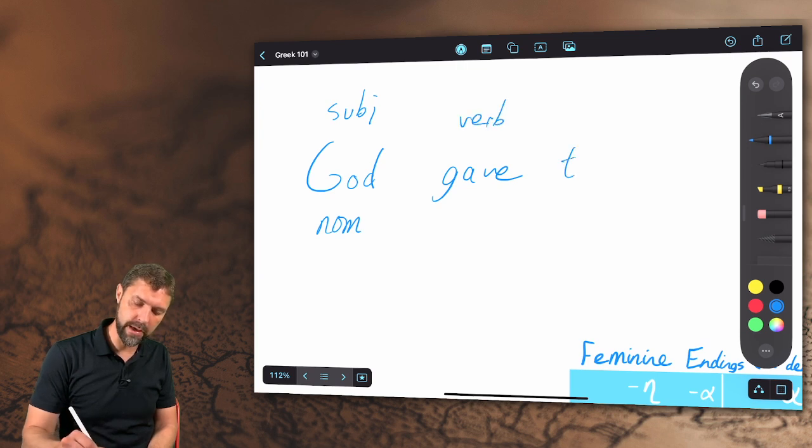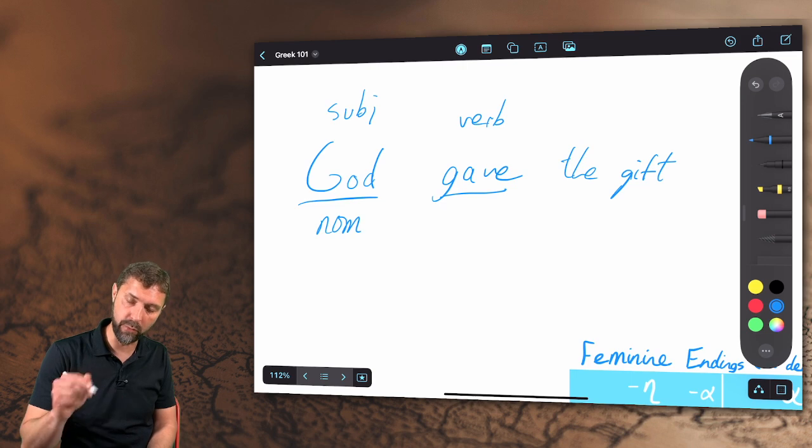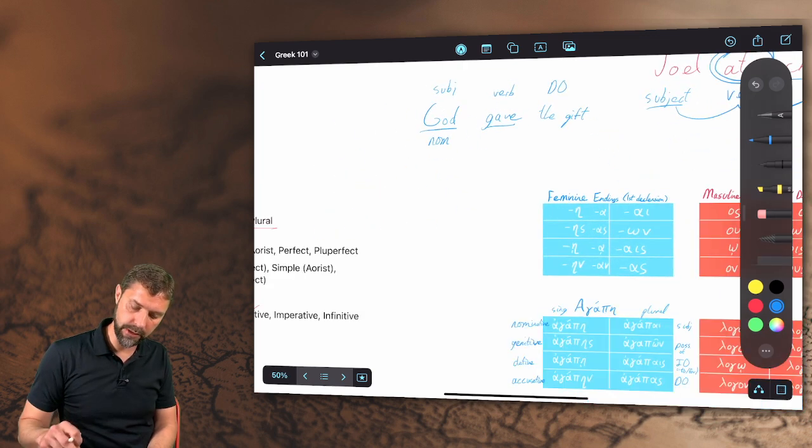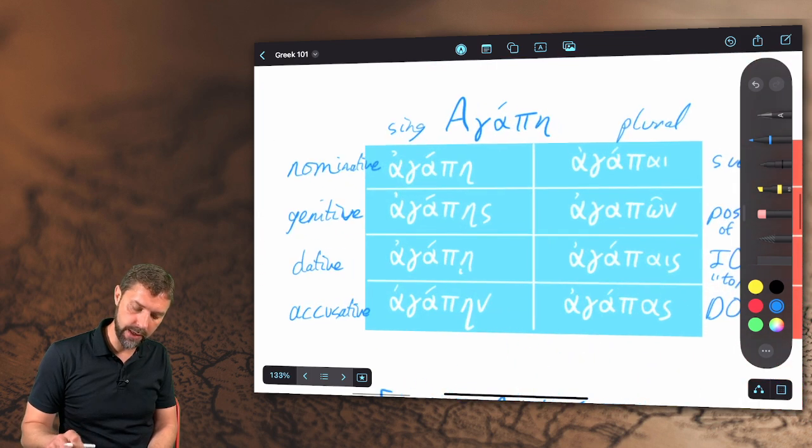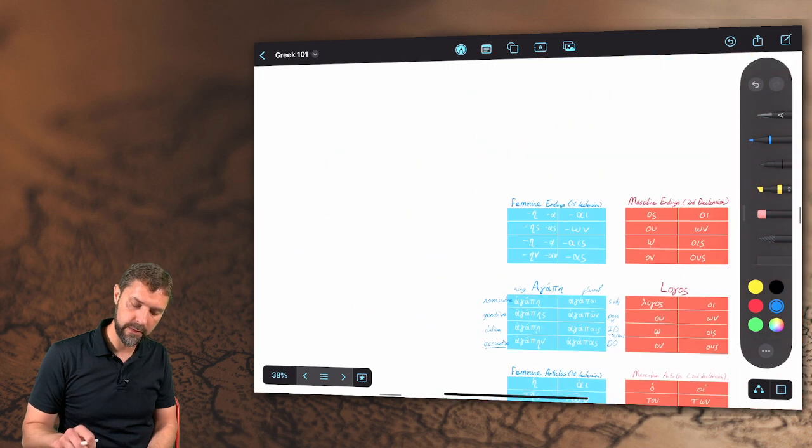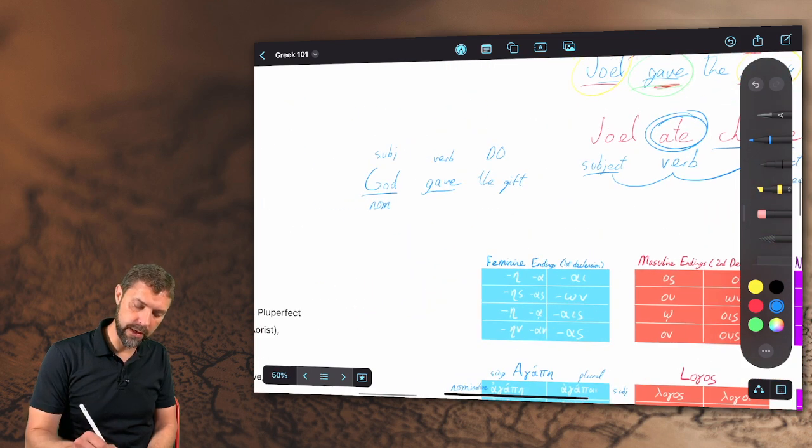Okay, the gift. Remember my advice earlier, I find my verb, God gave, who gave, God gave what? That's your key, God gave what? And the answer to that will be the direct object. So God gave the gift. Well, remember my chart down here, this would be accusative case. And so God gave the gift, accusative.